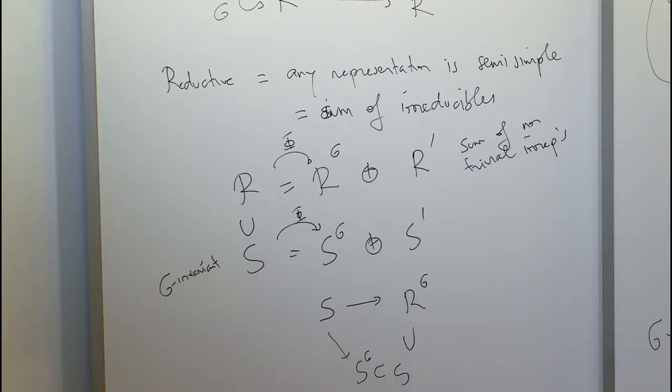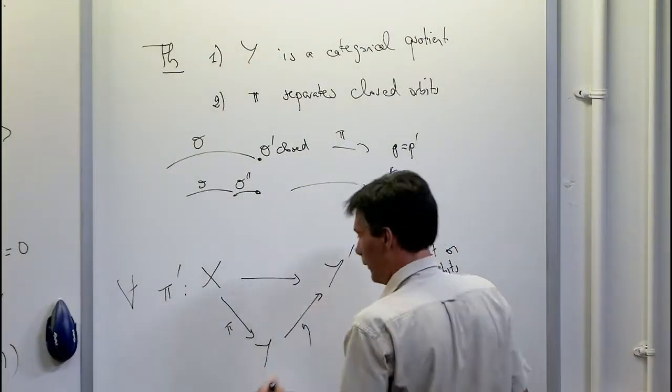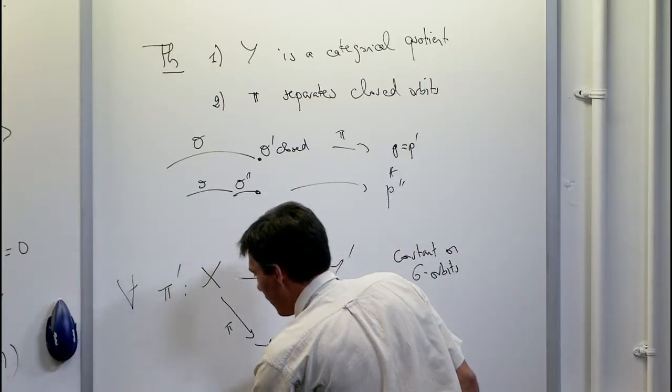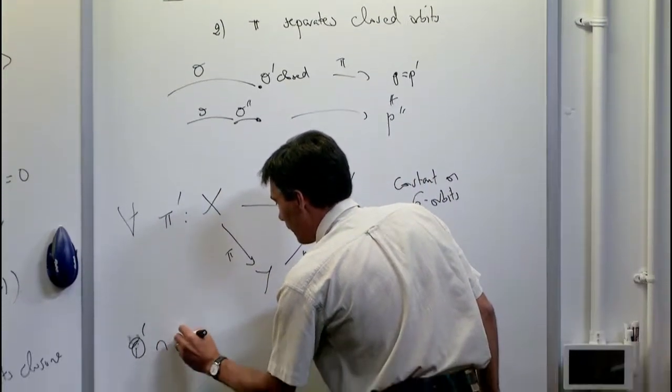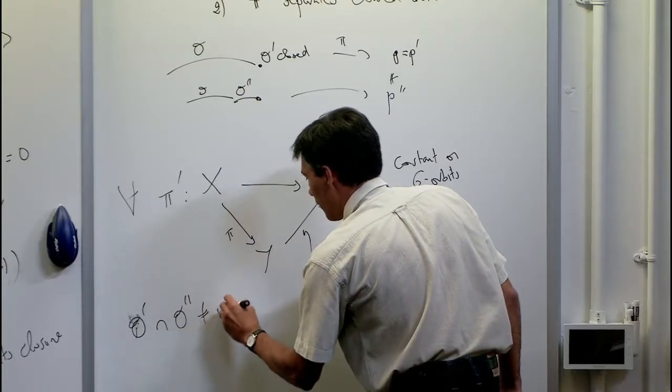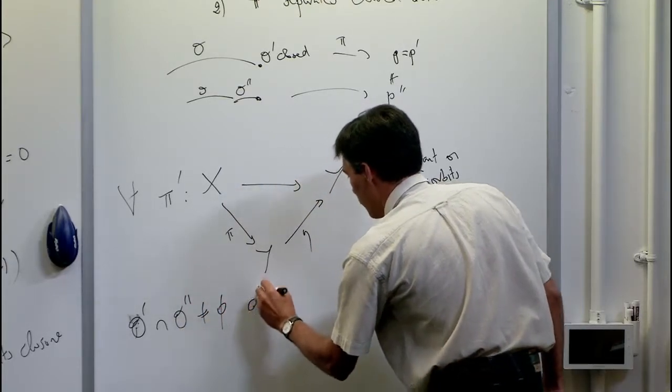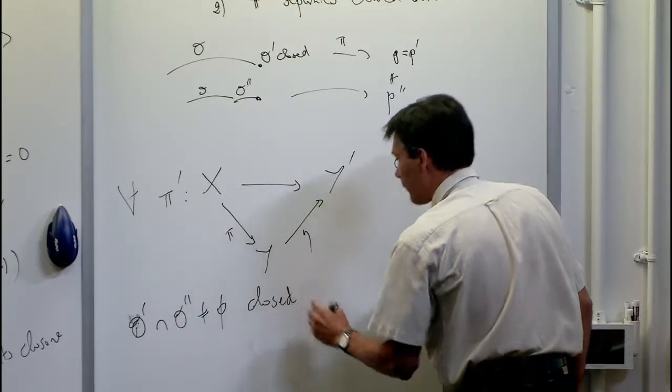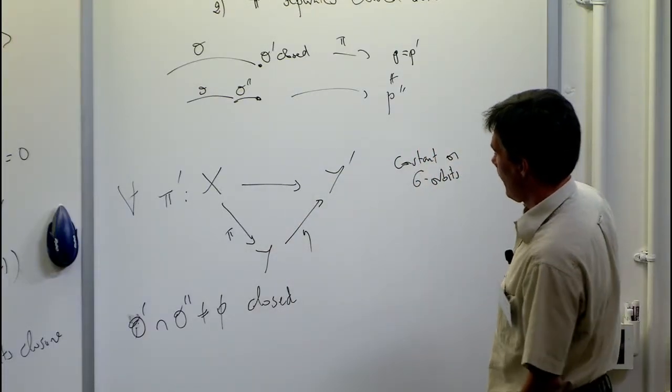Why does it imply the second statement? Because suppose you have two closed orbits, O prime and O second, disjoint.